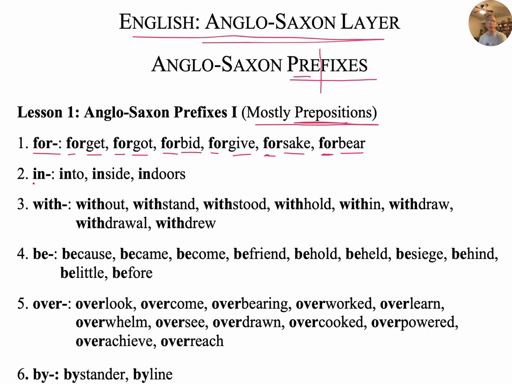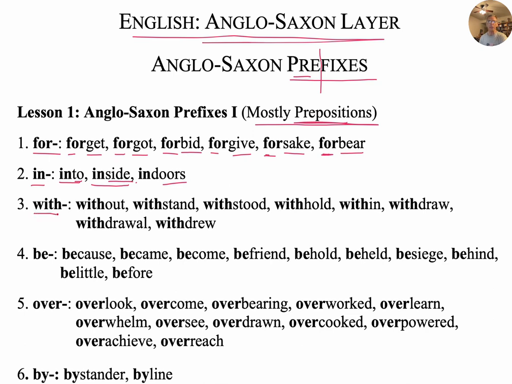Next one, we have in, and so we're going to put the word to. So now we've got actually two prepositions, into. Next we take side, we have inside, like inside the house, and indoors. That means you're inside the house on the inside of the doors.